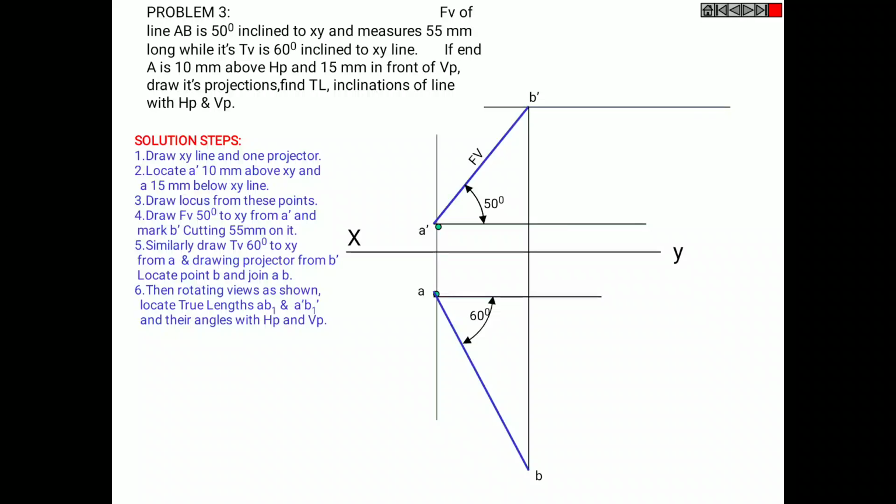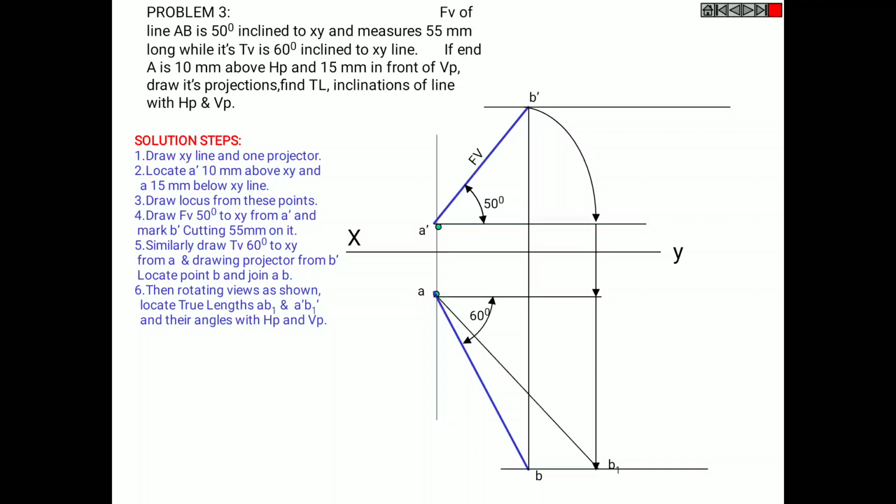Then rotating views as shown, locate true lengths AB1 and A dash B1 dash, and their angles with HP and VP.